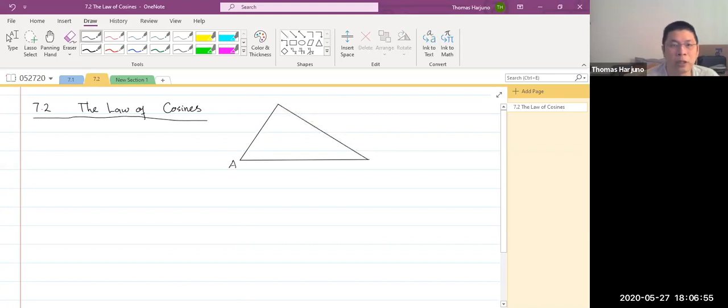Let's say this is angle A, angle B, angle C, and therefore this is side A, side B, side C. Suppose we are given side B and C and angle A. Then we will use law of cosine to find side A. Notice that the angle that we are given has to be the included angle.